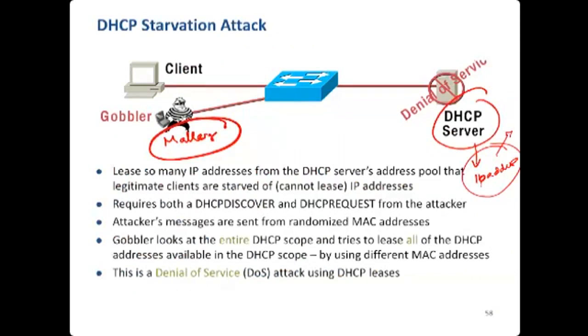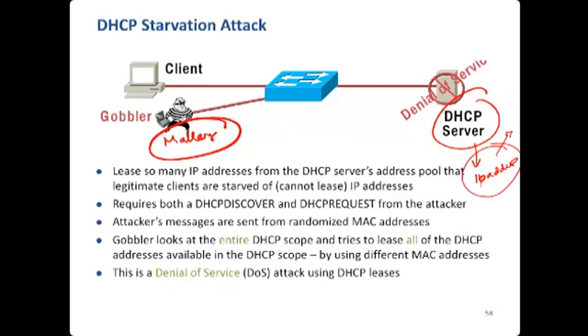Now the first attack is that Mallory keeps sending this DHCP request with different or randomized MAC addresses, right?